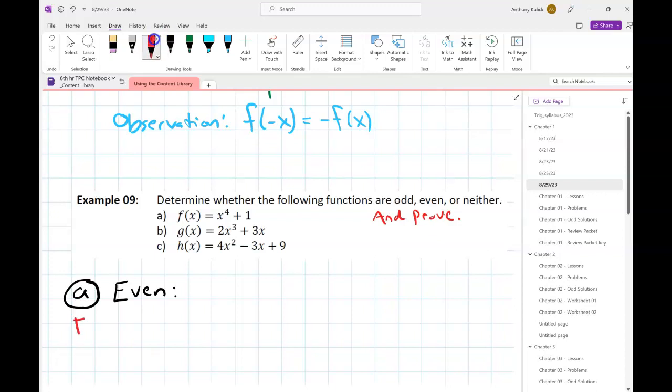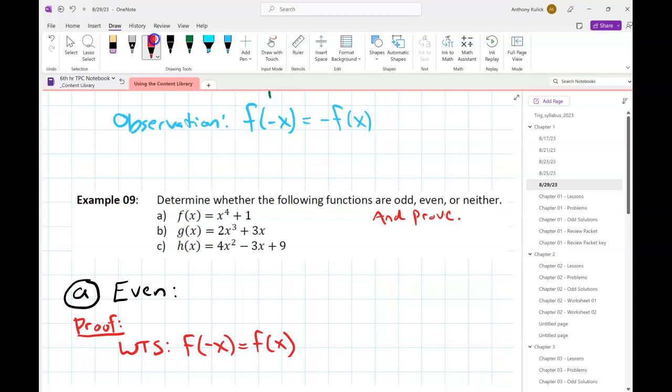How do we do the proof for this then? Well, what we want to show is this, our observation from before, that f of negative x is equal to f of x. That's what we need to show.